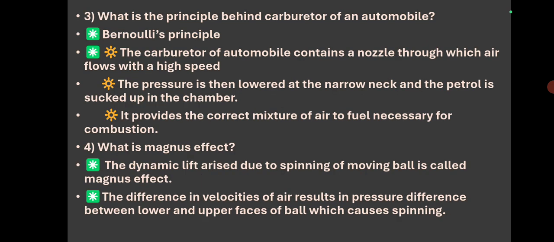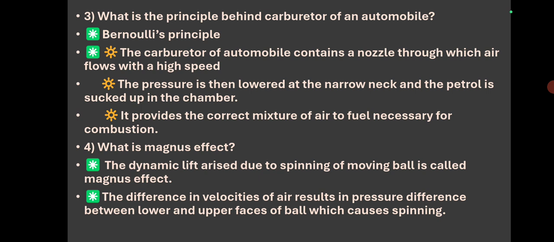What is the principle behind the carburetor of an automobile? Bernoulli's principle. Actually, the working is, a carburetor contains a nozzle, and through that nozzle only air flows with a very high speed. Now in between it contains a venturimeter. The neck in between will be very narrow.